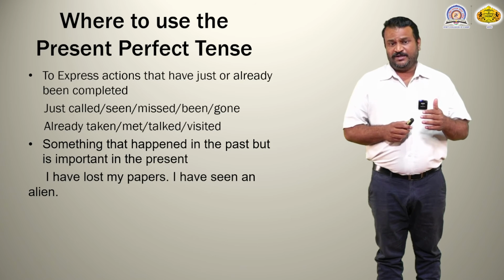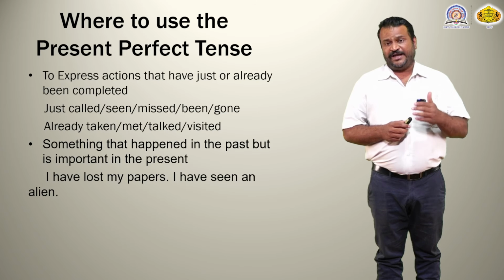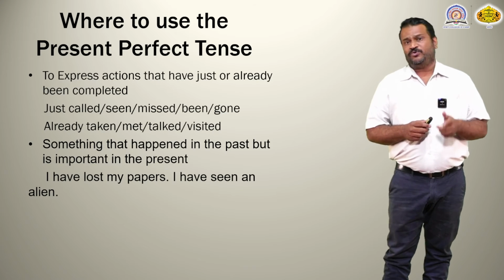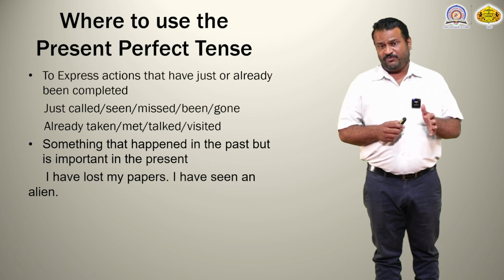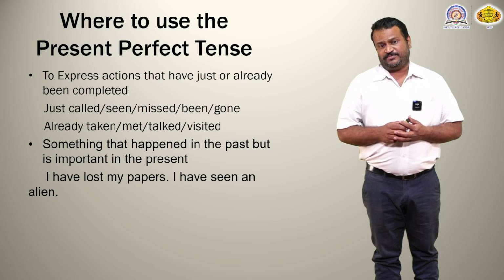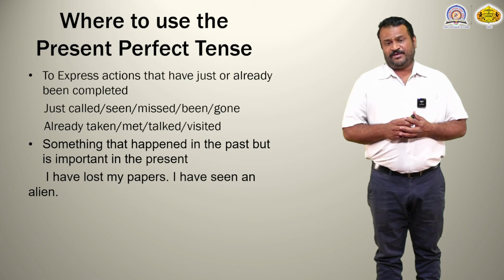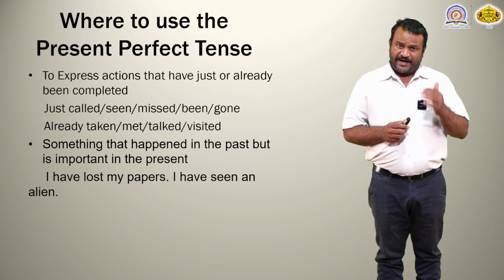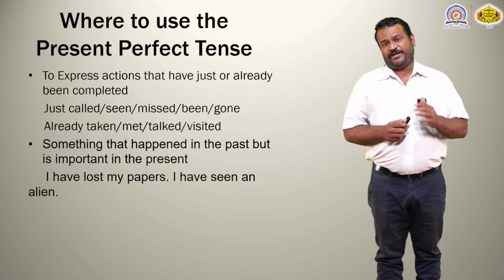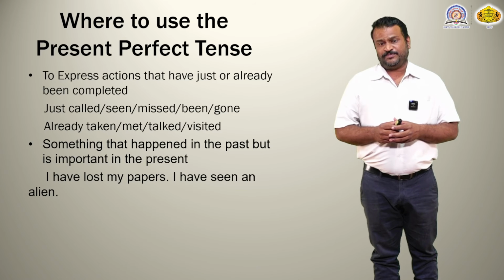I haven't taken my breakfast yet. That means you are going to take breakfast, but till now you haven't. You will take it after some time. So these are the actions which are expressed in present perfect tense.